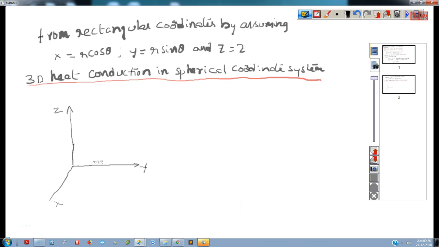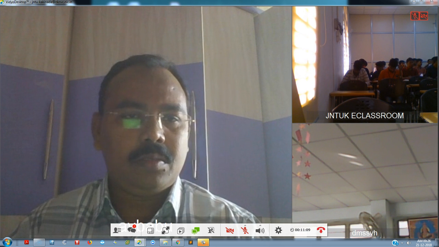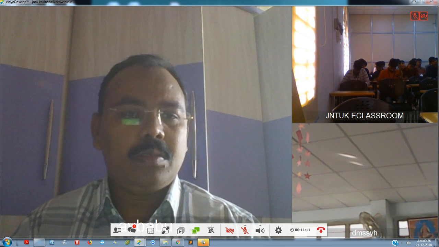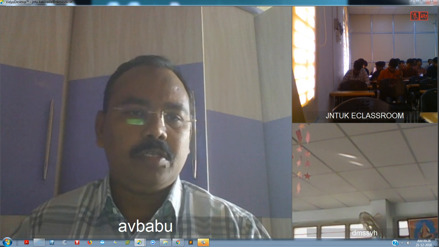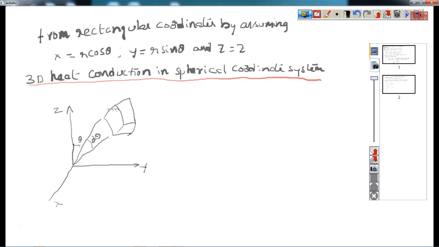Okay, now I will take an element here, like this. And the radius up to which it goes is R, and this is dr.